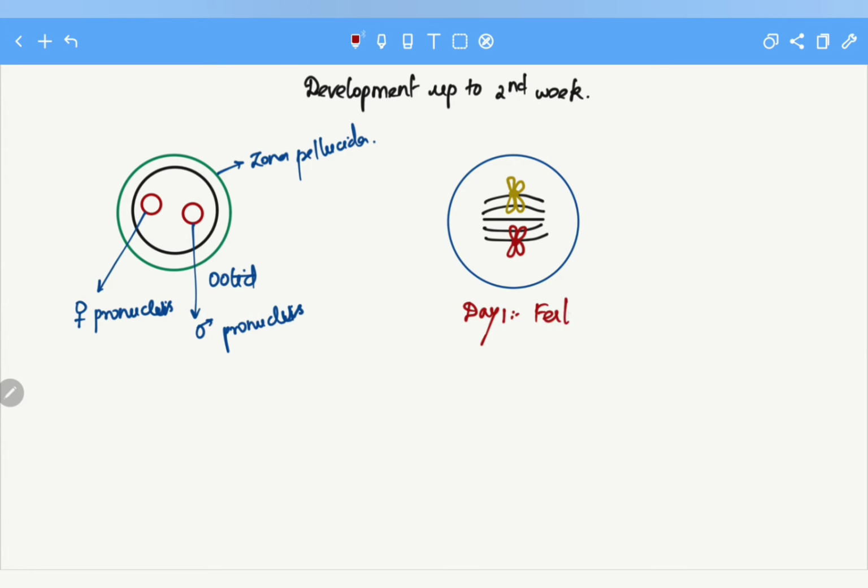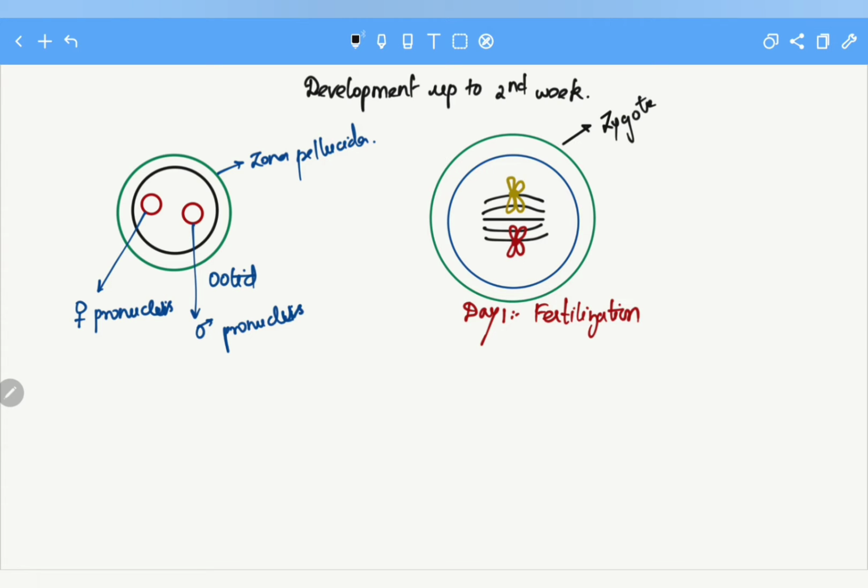The chromosomes of both nuclei arrange themselves on the spindle like this, surrounded by the Zona Pellucida. So now this is called the zygote, a single-celled zygote.